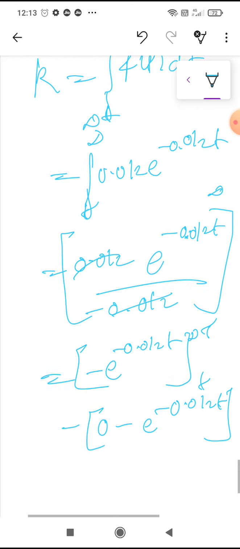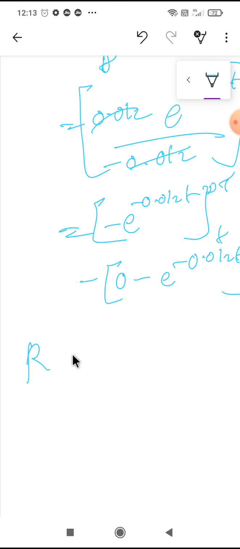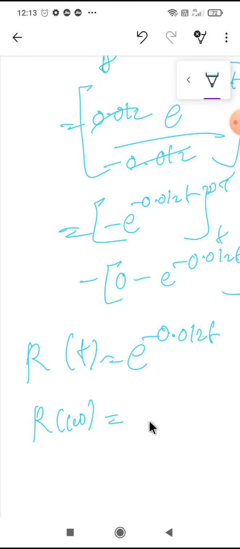This minus sign will go, so our reliability function will be equal to e raised to minus 0.012 t. We have to find it for 100 hours, so we put the value of t as 100, and it will be e raised to minus 1.2. So this is the answer for reliability.